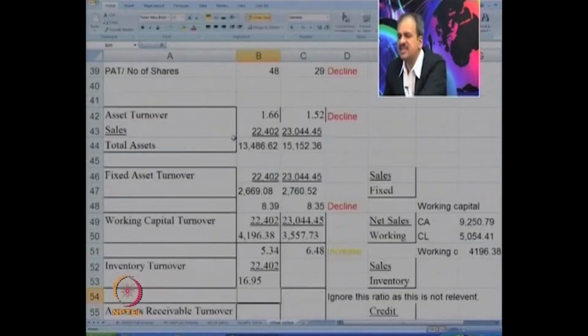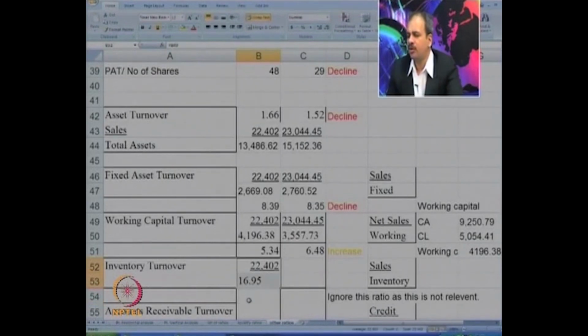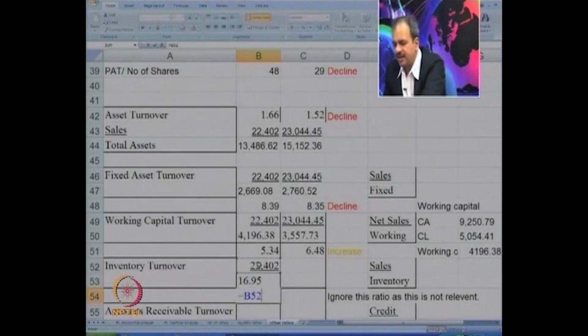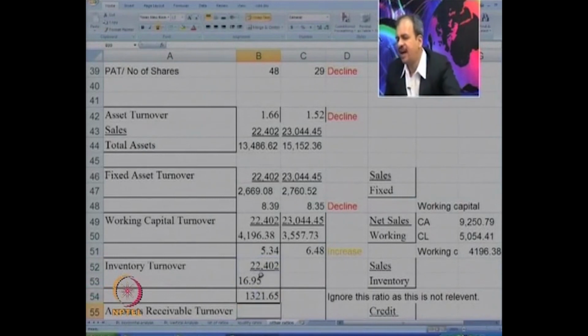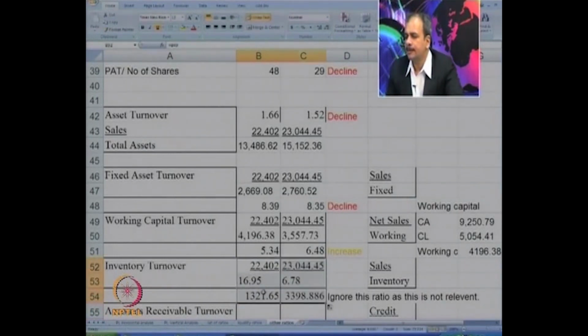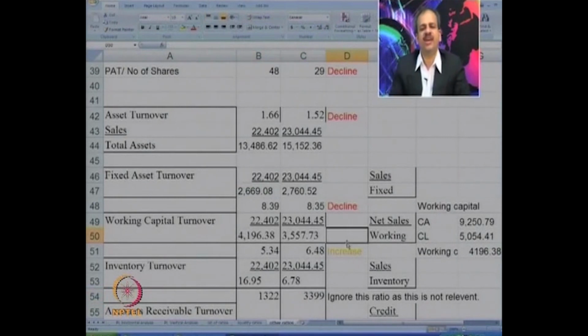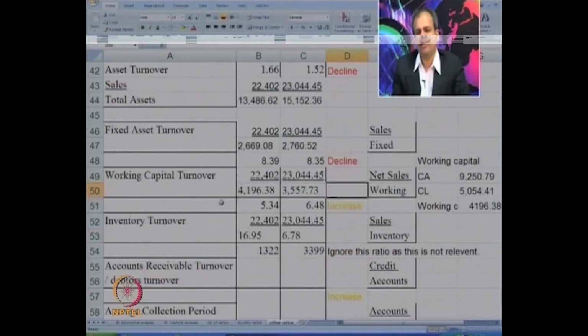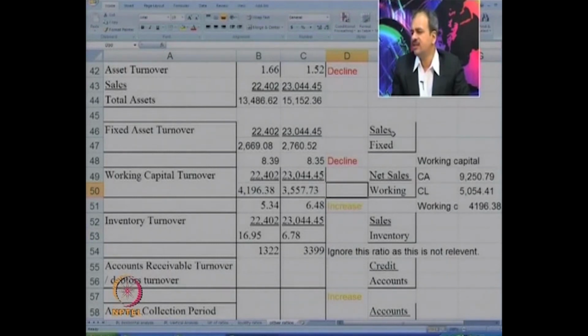Inventories is a very small amount. That is why this ratio will be absurdly high. Actually, it is a very high ratio, it does not have any meaning. That is why I have said ignore this ratio, as it is irrelevant.